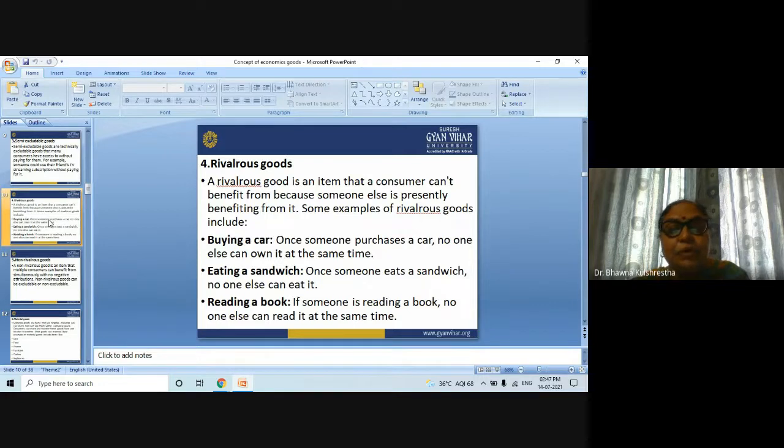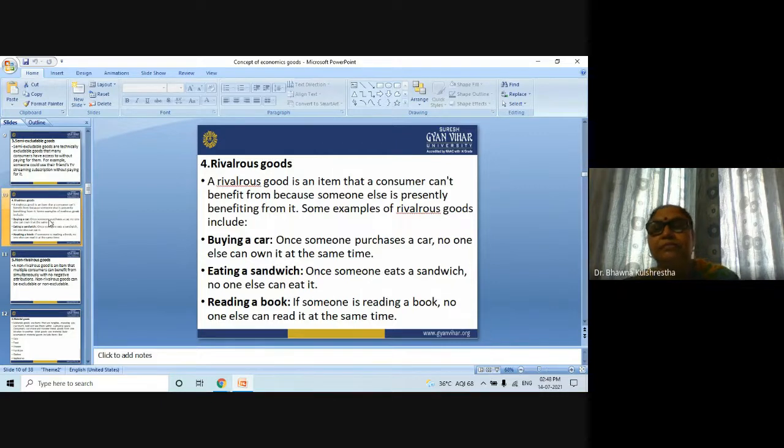And reading a book. If someone is reading a book, no one else can read it at the same time. These are the examples of rivalrous goods.